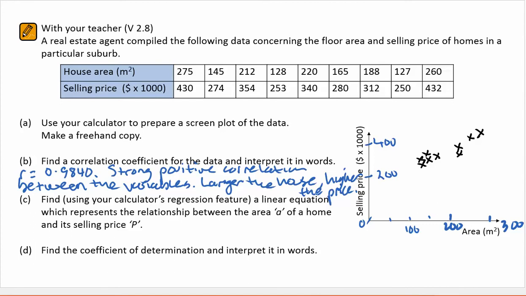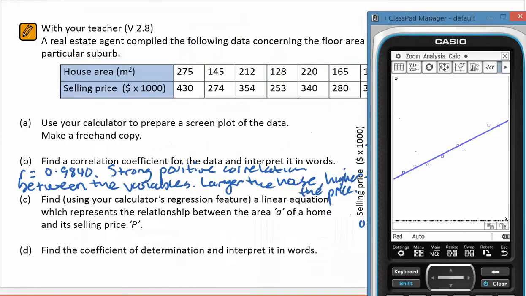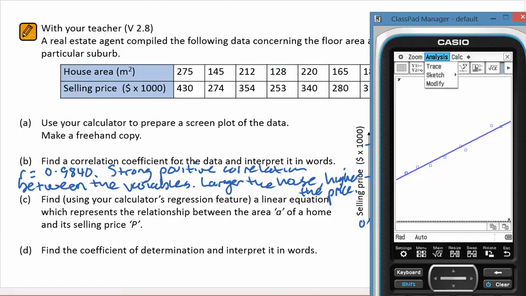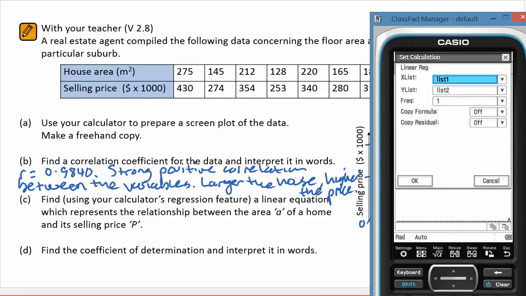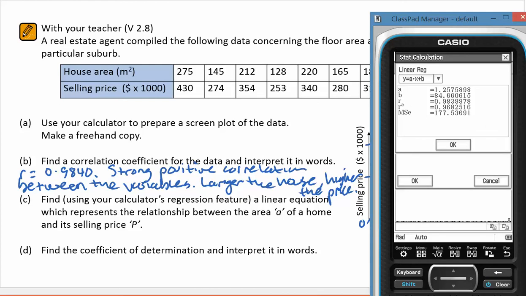Now, going back to the calculator, just quickly running the analysis again. Regression, linear regression. So A is equal to 1.26 to 2 decimal places, and B is 86.66.